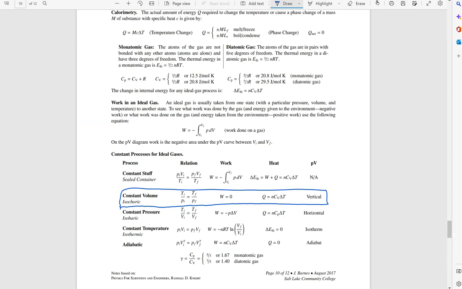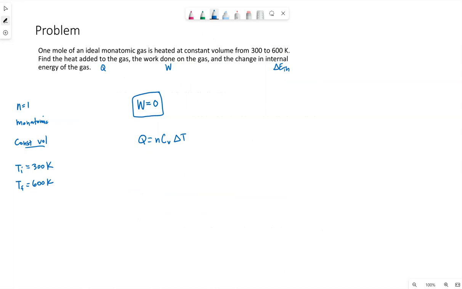Coming back, C_V, we have monatomic, so we want this top number. So C_V is 3/2 R. So that's 3/2 n R delta T. We have 1 mole.